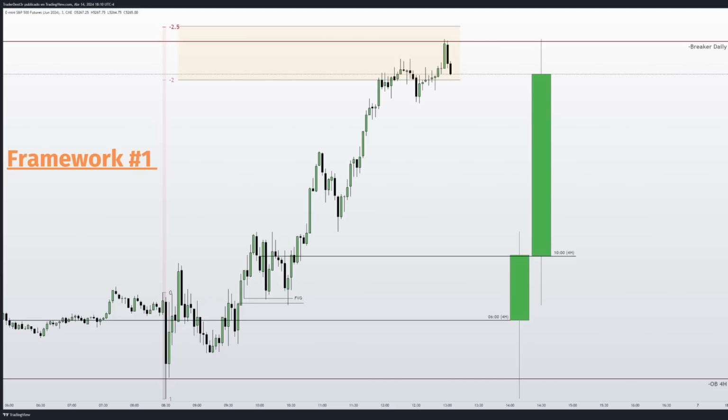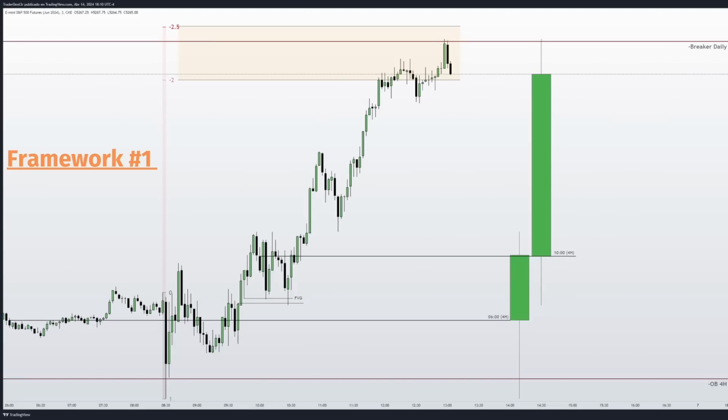The internal liquidity. This is the fair value gap here. It retraces to the fair value gap, and continues to print the body of the candle in the distribution. You see? So you can choose in these frameworks in function of the previous candle, the previous range.